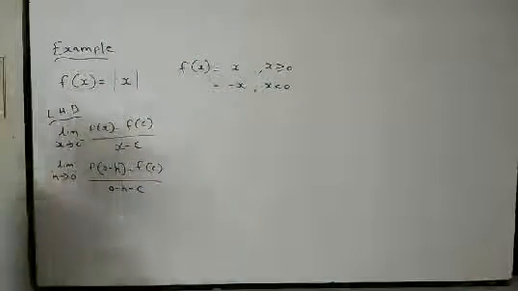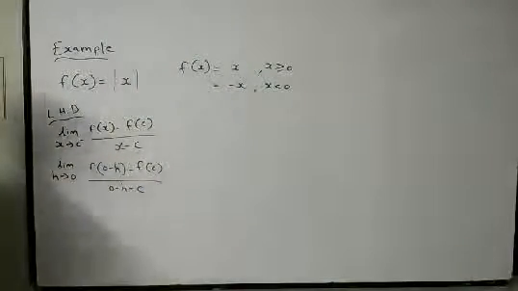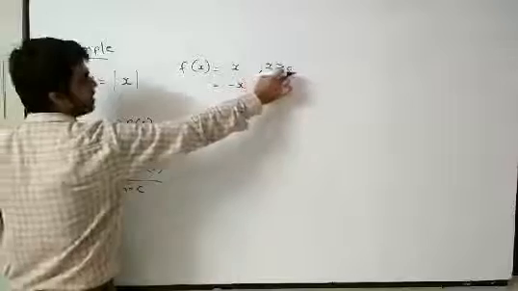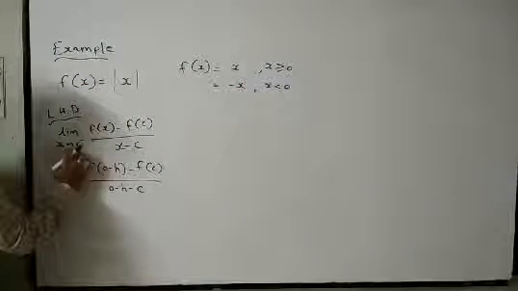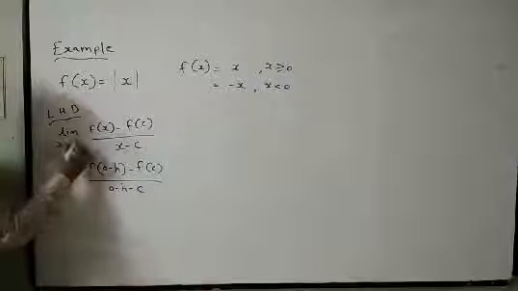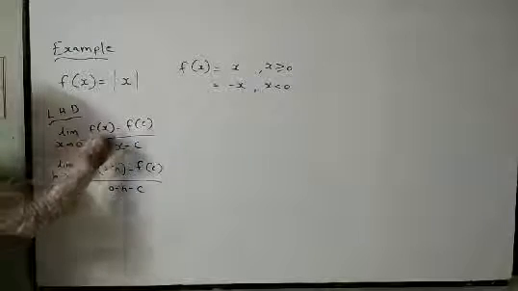Right? So at 0 we are checking, so this point c, instead of c we can put 0.